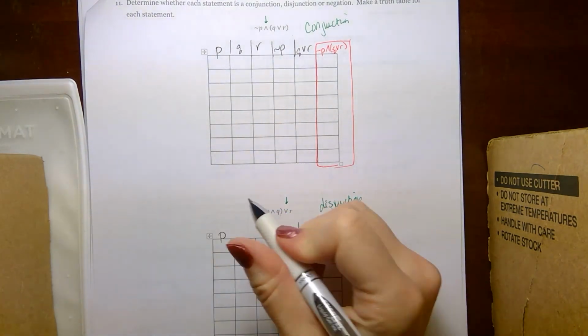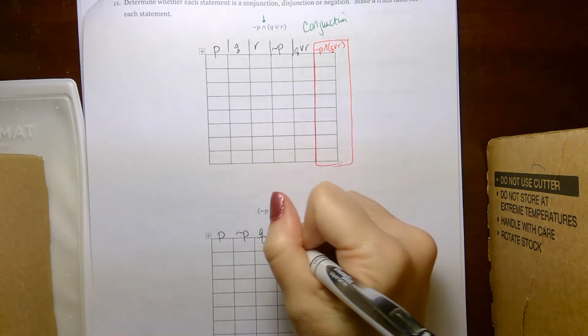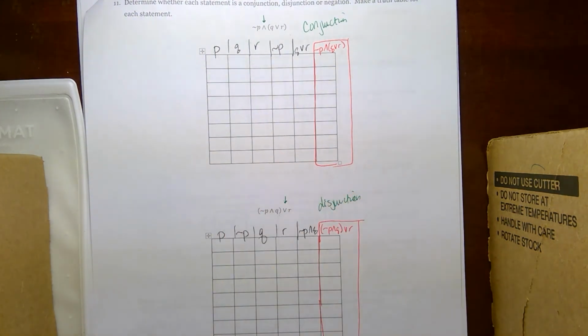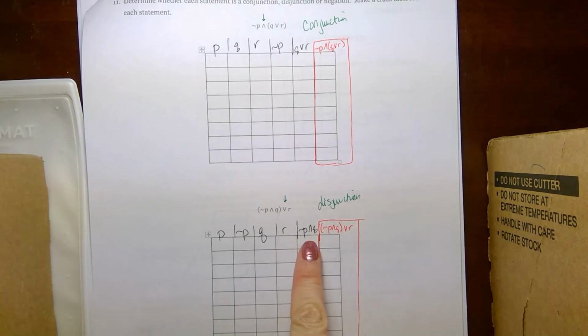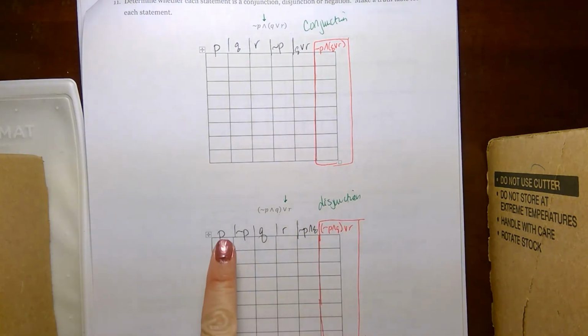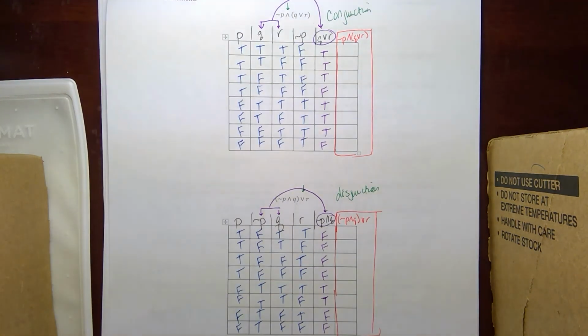I could do P as well as not P and Q. It's totally up to me. But I need the ones I'm going to look at: not P, Q, R, as well as that conjunction. So I need these in this truth table. I don't need this P column, but I can put it there. Okay, pause your video, fill it in, and then compare.